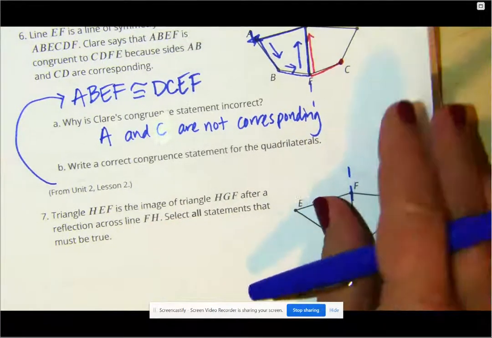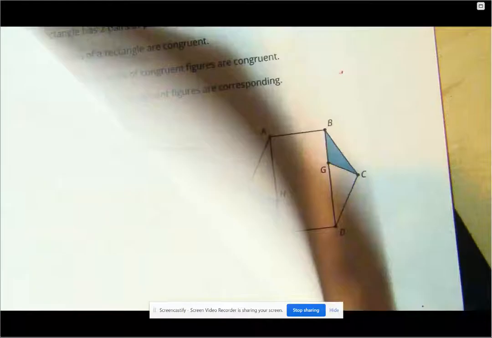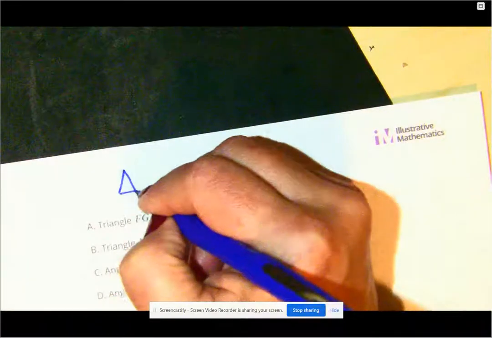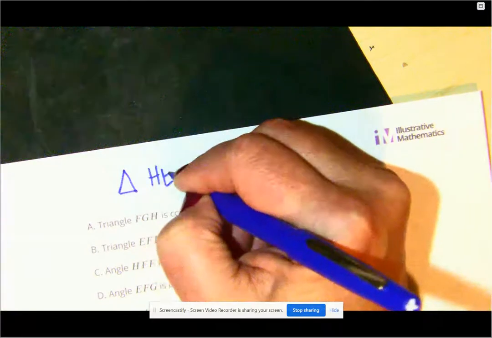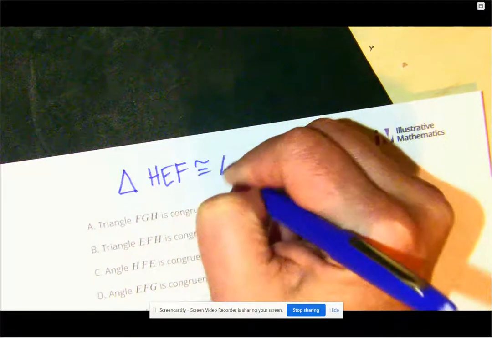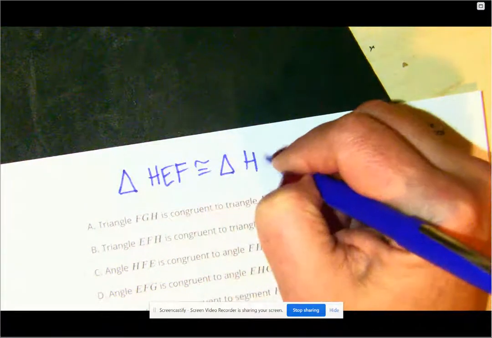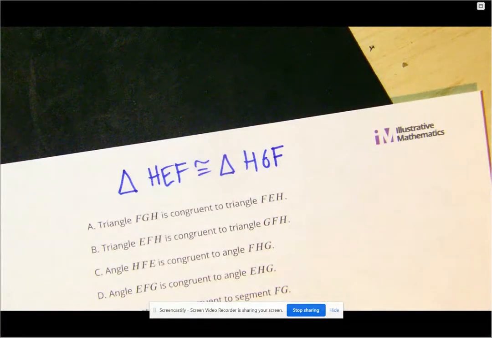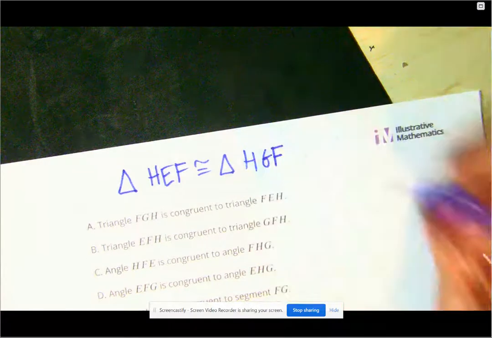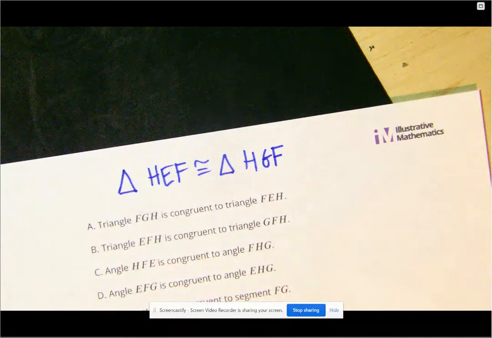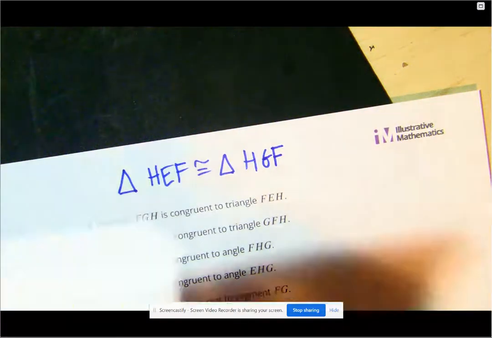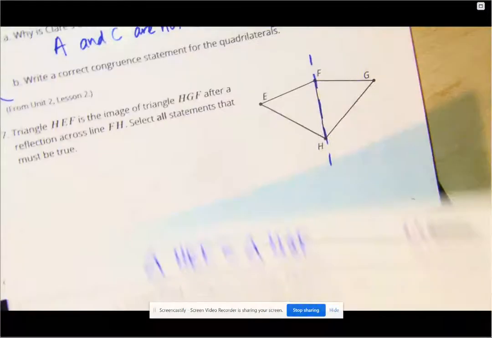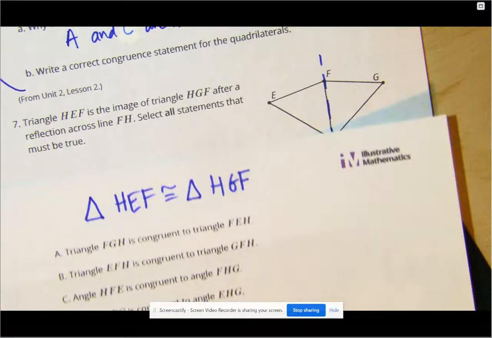The questions are on the next page, so I'm going to write that over here. I'm going to write, so we know that triangle HEF is congruent to triangle HGF. They told us that. So now we could look at the picture. I can put that picture up here if we need to once in a while. Here it is. And then here's the statements.